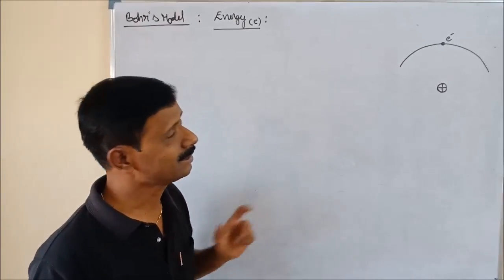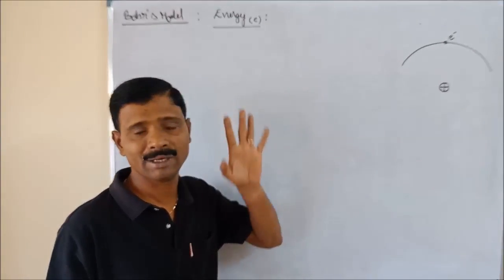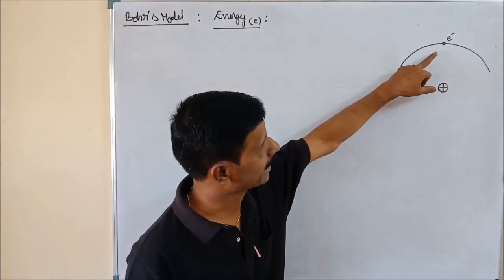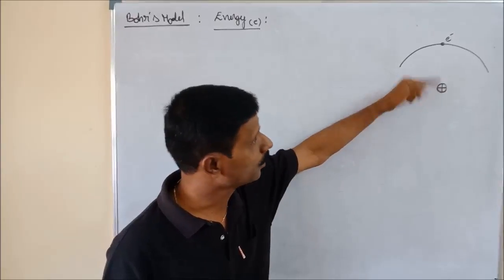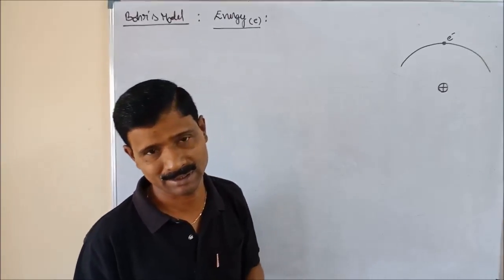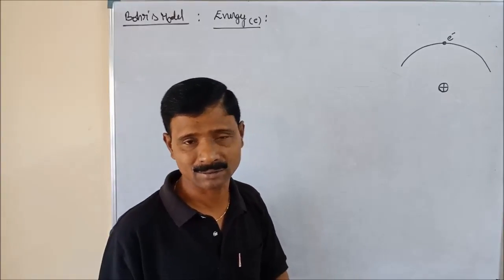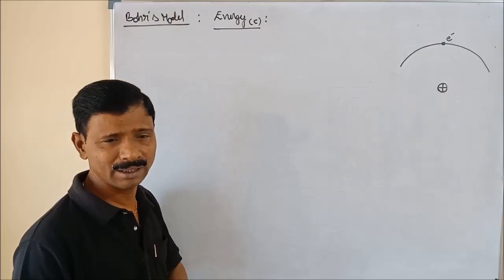Since it is in continuous motion, it has kinetic energy. At the same time, since it is always attracted by the nucleus, to overcome that it has to do certain work in the opposite direction to the force of attraction. That is what we call potential energy.